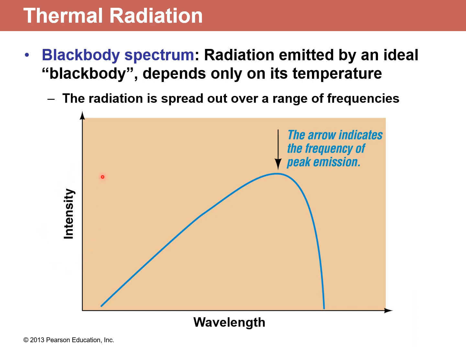This is how strong the electromagnetic waves are, that is, how many of them there are, and this is their wavelength. We start with very long wavelengths, and we go to very short wavelengths.